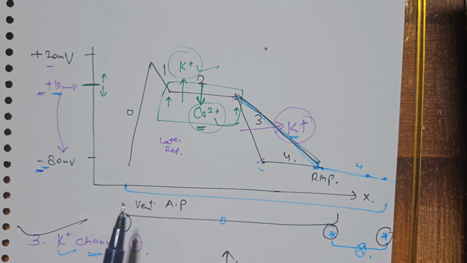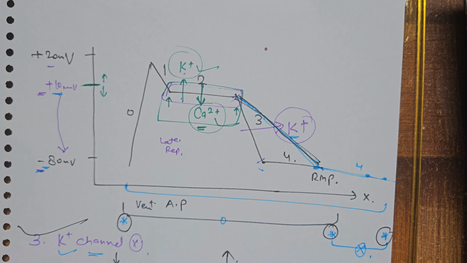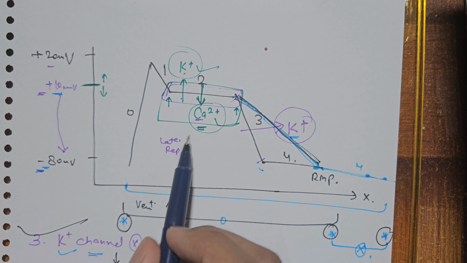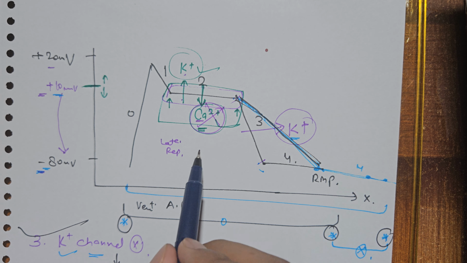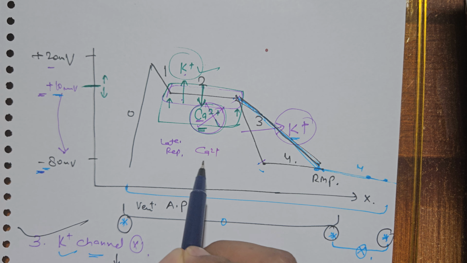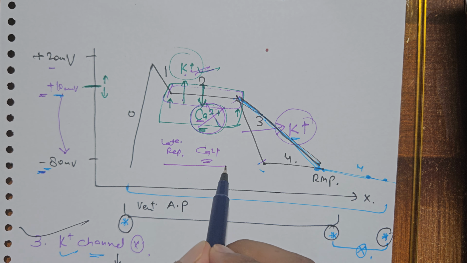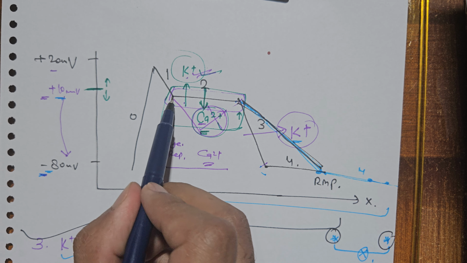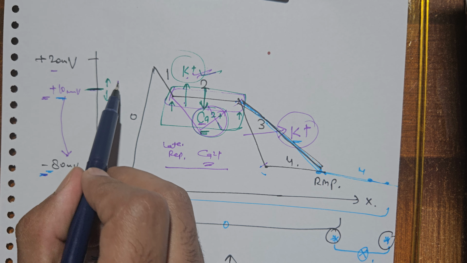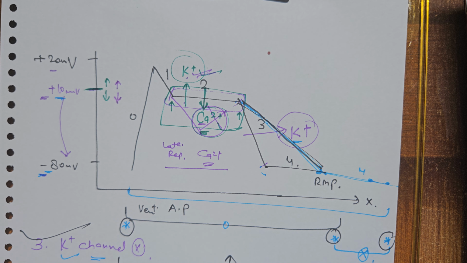And there will be one more thing. This plateau phase was because of the equal efflux of potassium and equal influx of calcium. Now the calcium channels are blocked. That means positive charge is not coming inside the cell, and positive charge is leaving the cell. So this plateau phase will not remain like this. It will go like this. Why? Because it was stationary, because the amount of positive charge entering the cell was equal to the amount of positive charge leaving the cell.